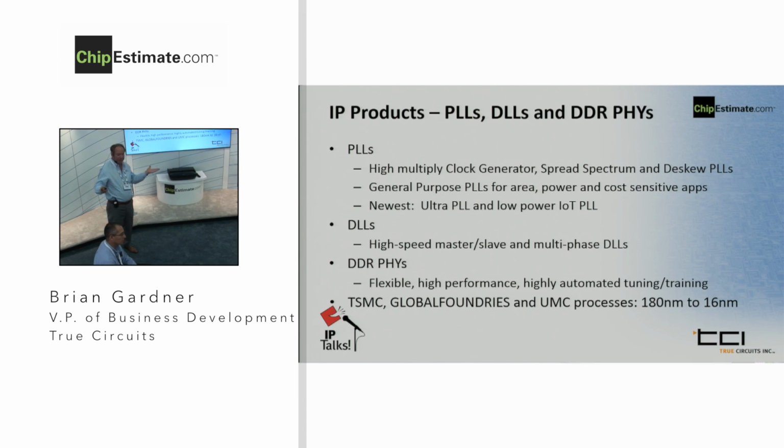So DDR is a parallel interface. Having every pin constantly be able to be trained makes it easier to build a board, easier to build the chip, easier to build the package, and then, like we talked about, a lot of emphasis on closing timing and a lot of automated training.